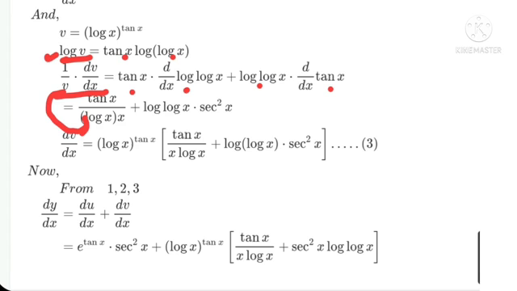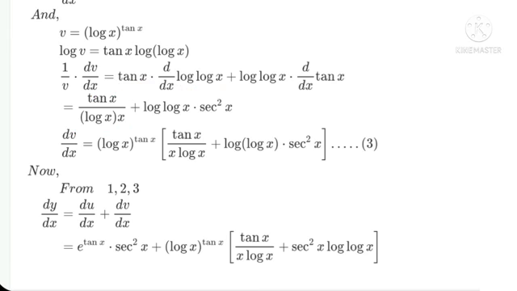Here 10x as it is, derivative of log x is 1 upon log x into derivative of log x, which is 1 upon x.